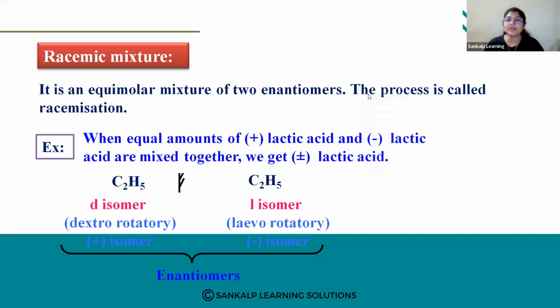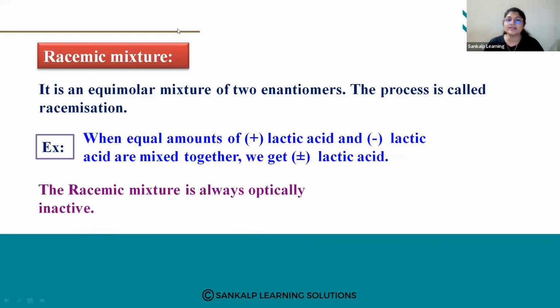Next is the racemic mixture. What do you mean by a racemic mixture? It is an equimolar mixture of two enantiomers.